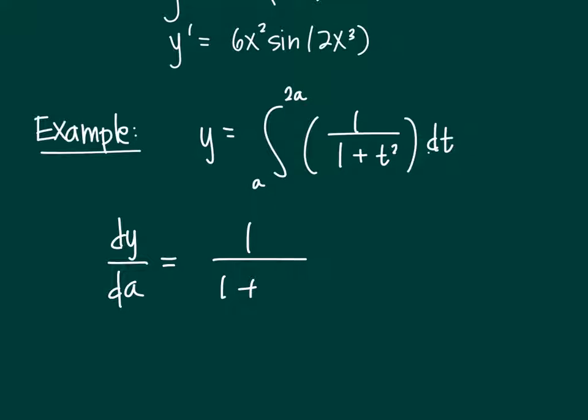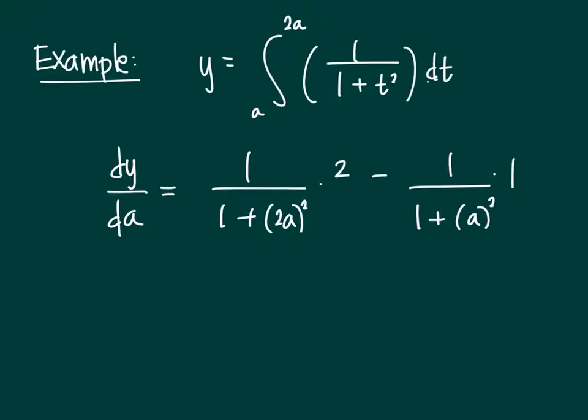All right, so we just keep our function 1 over 1 plus something squared. And what goes into that is the quantity 2a squared. And this is the place most people forget: you're required to do the chain rule on the expression 2a, which is going to be 2, minus 1 over 1 plus the expression of just a squared, and then times that chain rule, which is just 1.